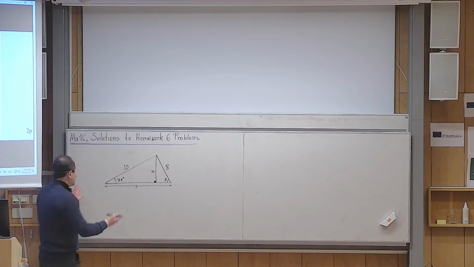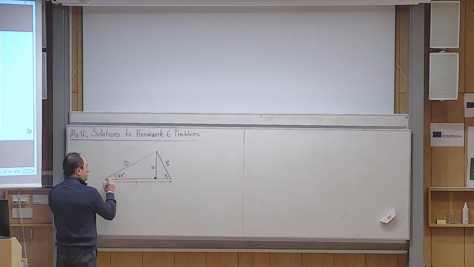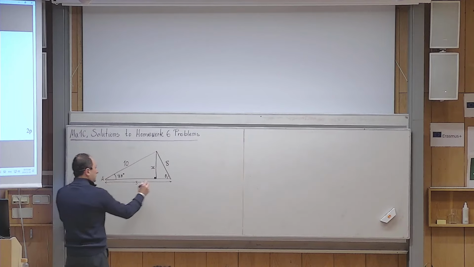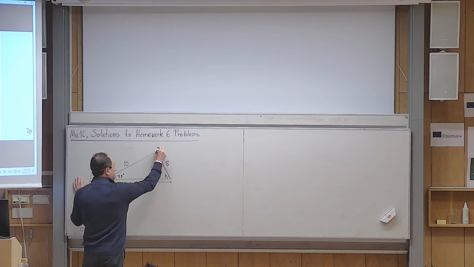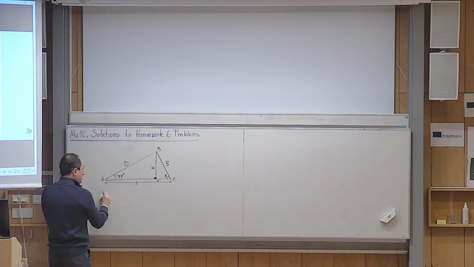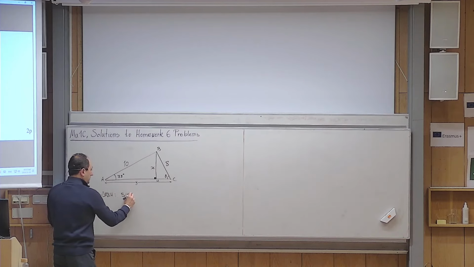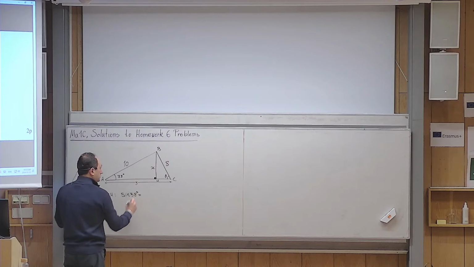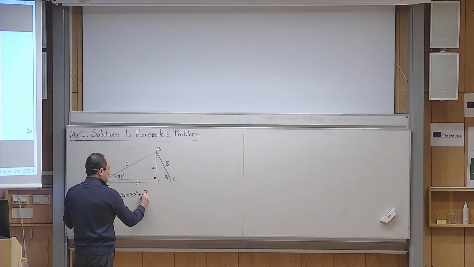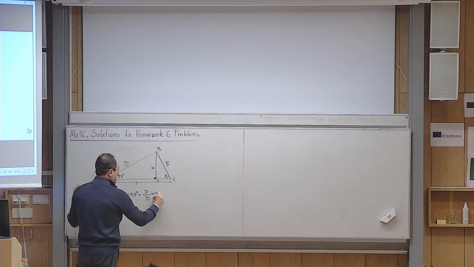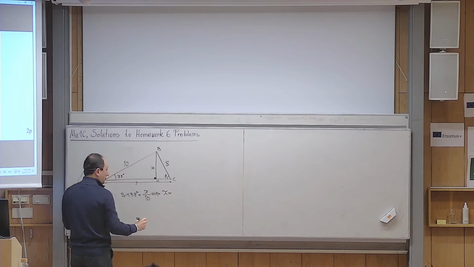So in this triangle, if you want, I can give them names: let me call this A, this H, this B, C. In this triangle ABH, I can write sine of 38 degrees is equal to what? x over 10. I am looking for x, so I multiply everything by 10.